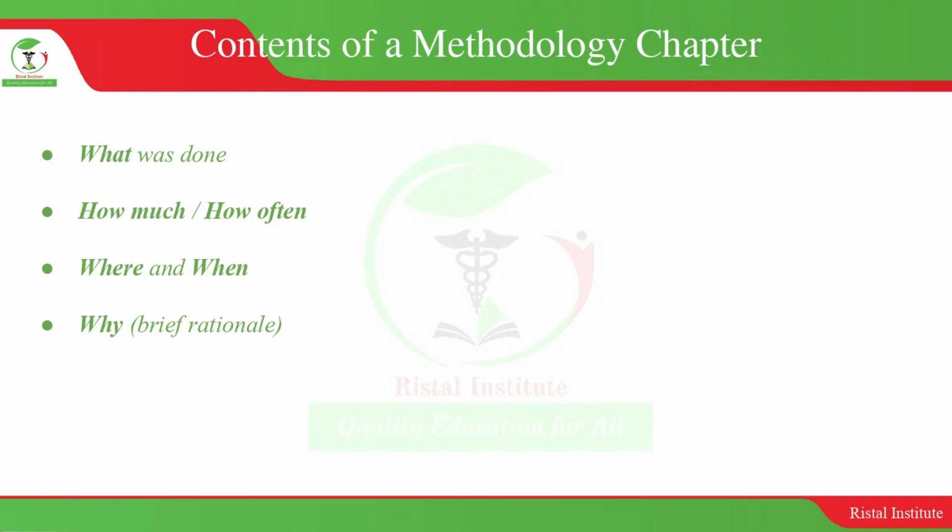What are the key things that you need to include in your research methodology? The rule, or the broader statement that guides you on what to include in your research chapter, is: what did you do? How did you do it? Where and when?